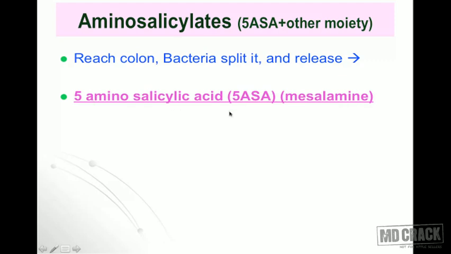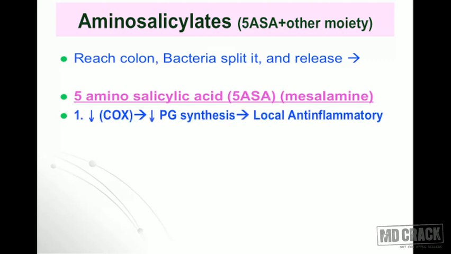So you have a combination of 5-aminosalicylic acid with some other substance, and when it's taken orally, it reaches the colon, the bacteria split it, and it releases 5-aminosalicylic acid or 5-ASA. This is a salicylic acid derivative, so it's going to inhibit the cyclooxygenase, that's COX, and lead to decrease in the PG synthesis, and this is how it's going to produce a local anti-inflammatory effect in the colon.